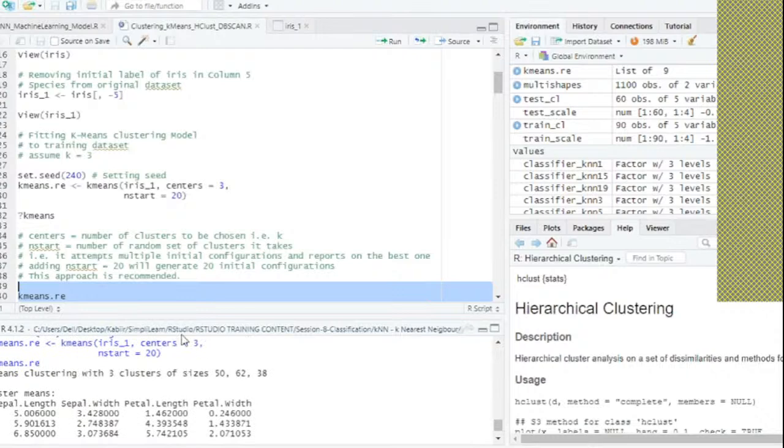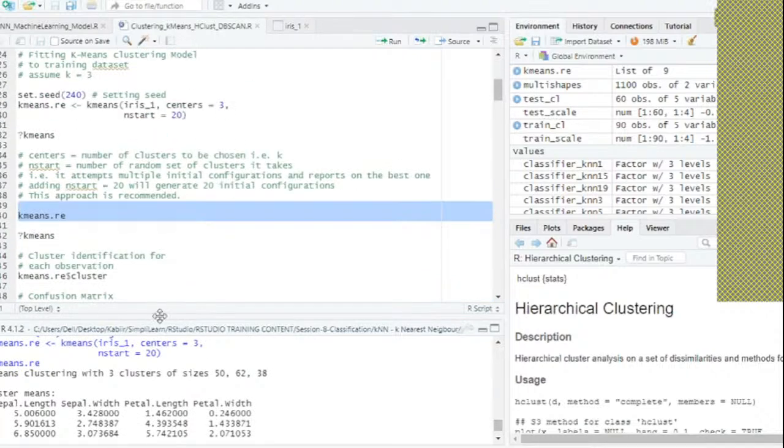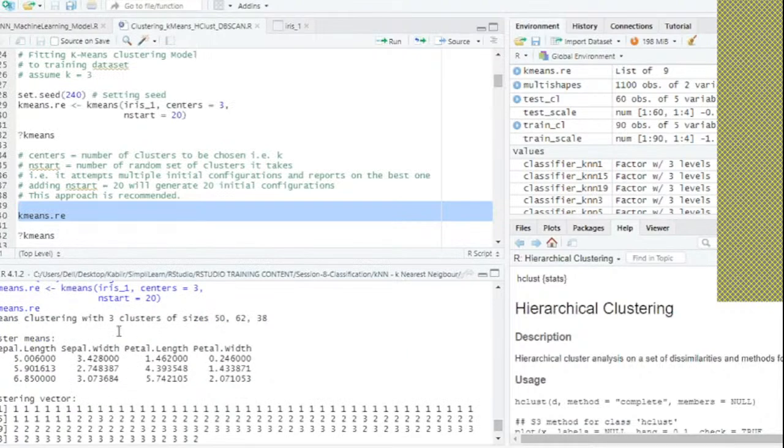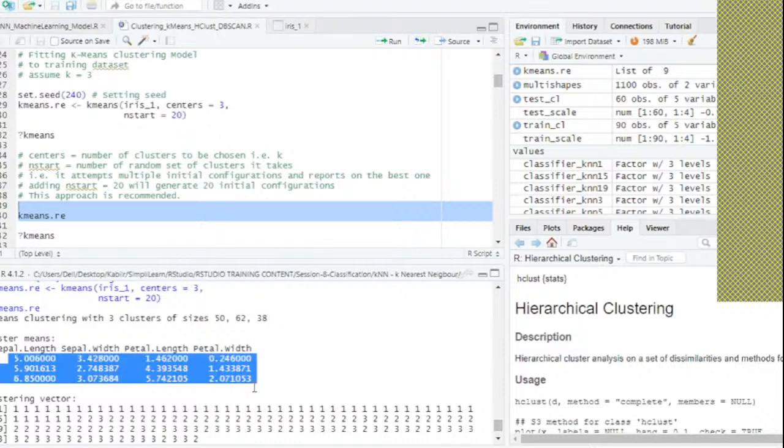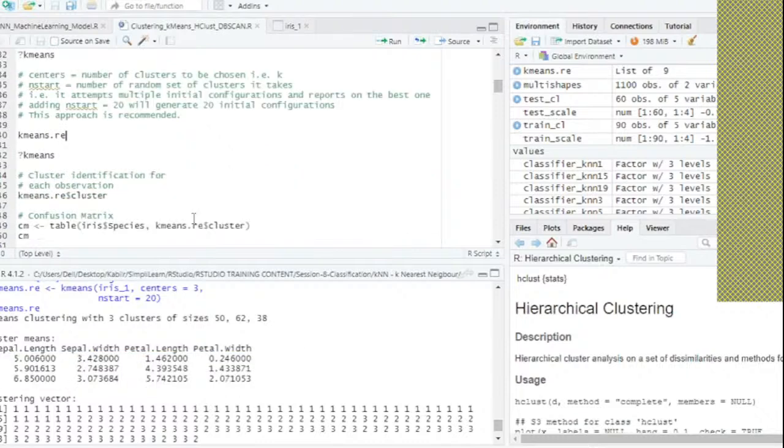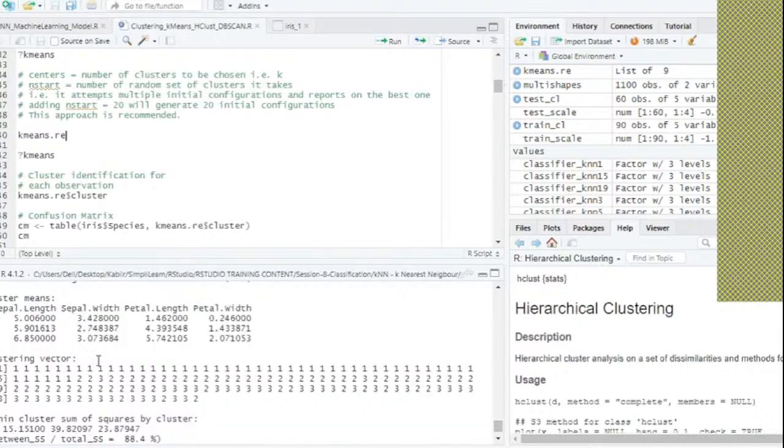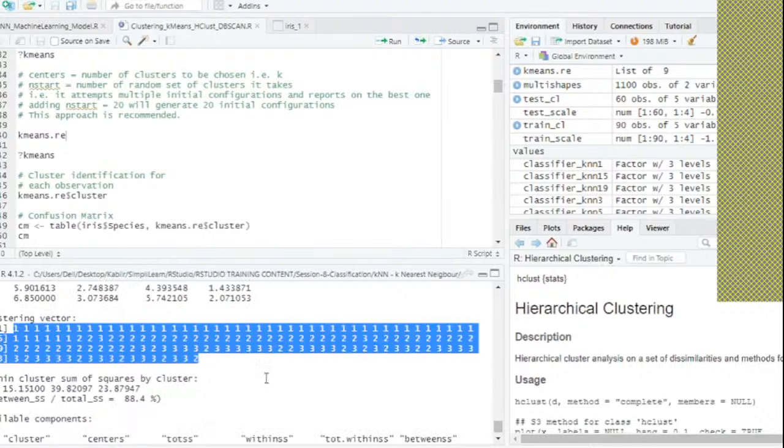And when you look at the output of K means, line number 29, it has given me three clusters of three sizes. These are the sepal length, sepal width, and petal width averages for all the three clusters, the cluster centroid means, right? And this is how the classification has been done.